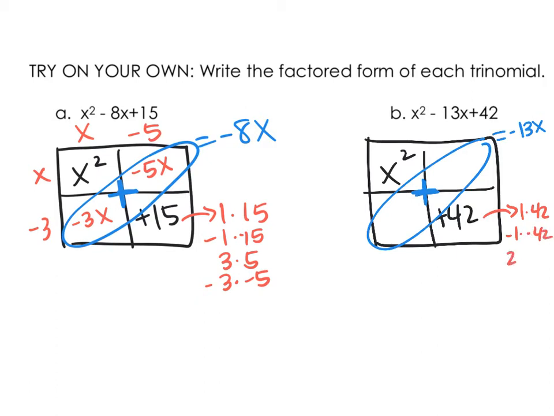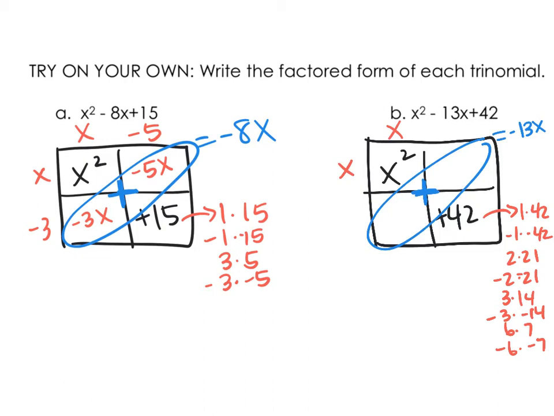We could have 2 times 21, negative 2 times negative 21, 3 times 14, negative 3 times negative 14, or 6 times 7, negative 6 times negative 7. So a bunch of options here. What multiplies to be x squared? Well, that would be x and x.